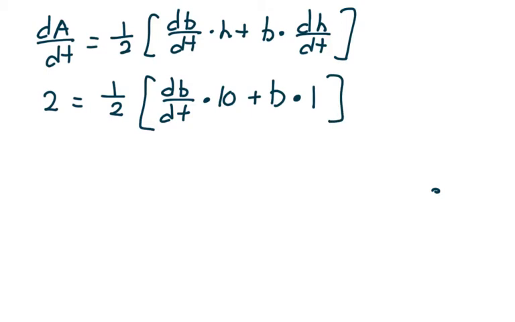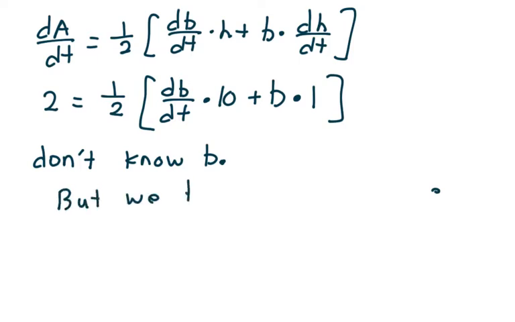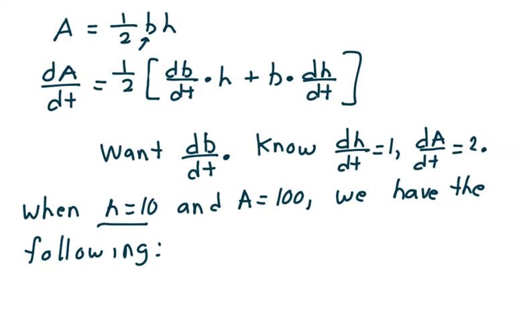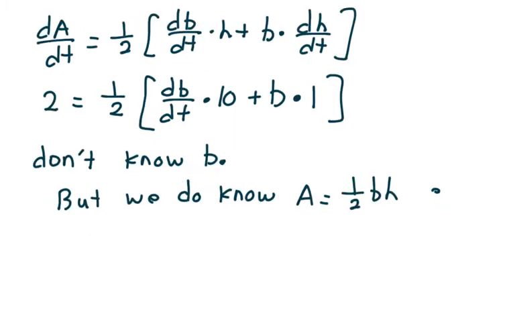Now, we don't know b. But we do know the area is 1/2 the base times the height. We do know that. And we do know the area is 100.